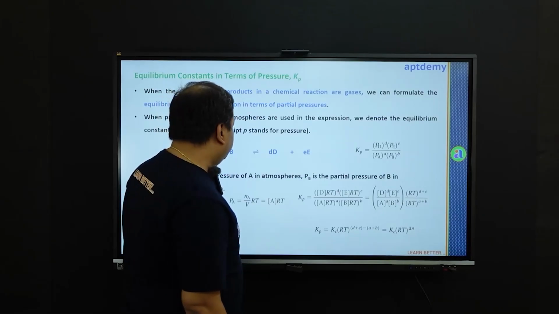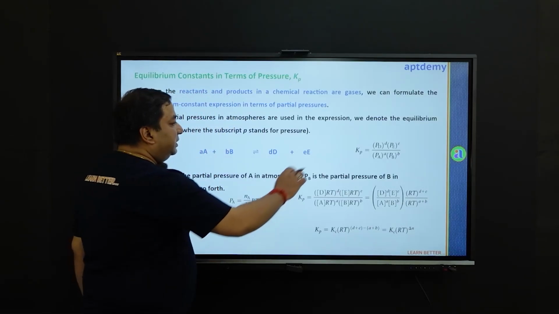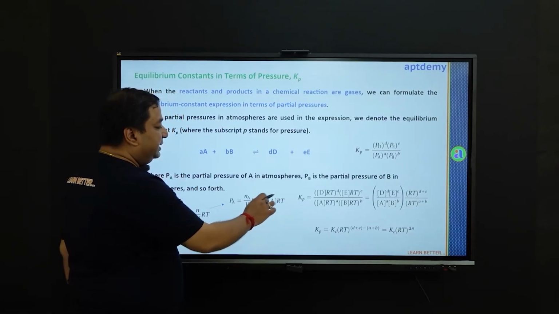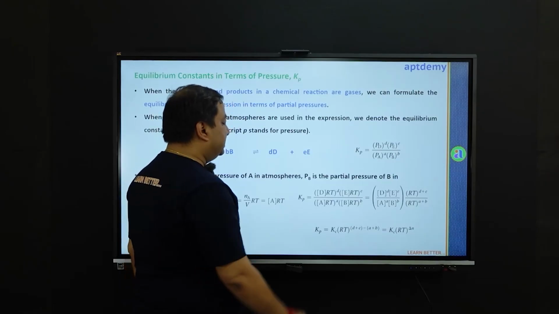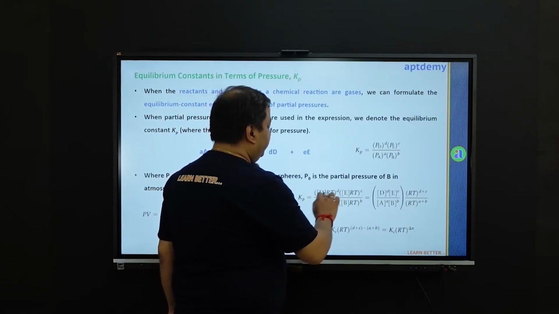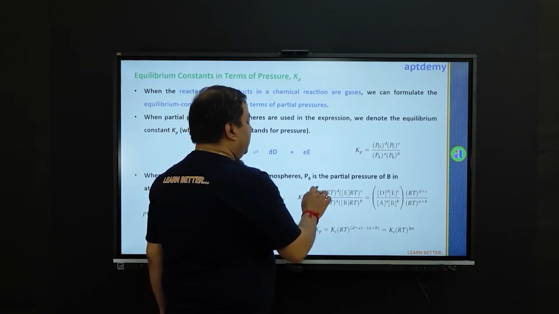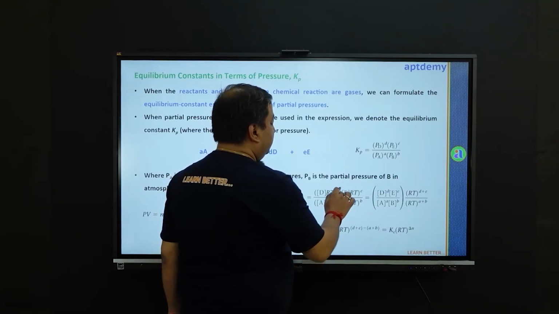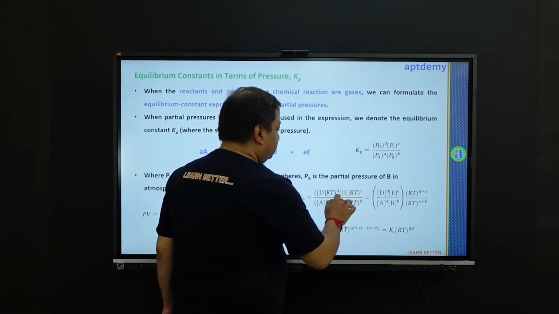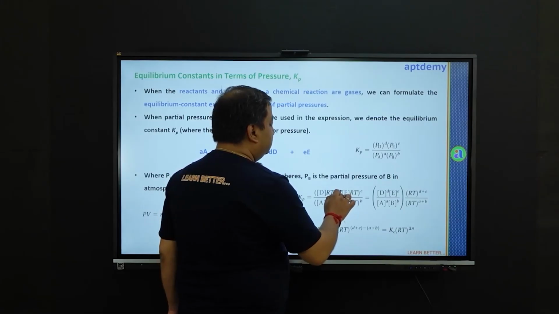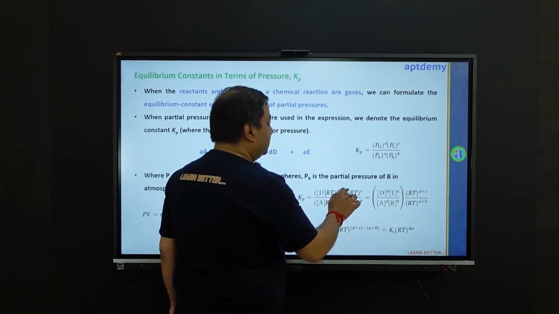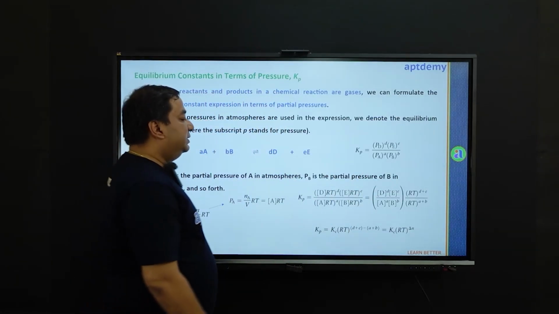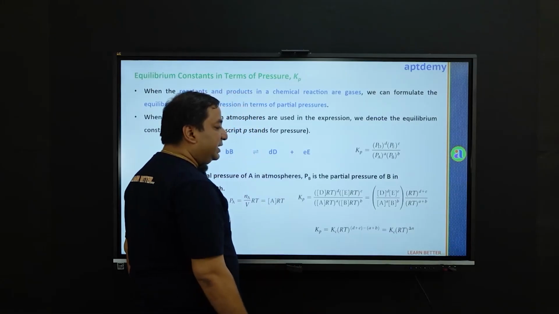So for all the partial pressures, we will now be writing them in this format, and as we do, we can see Kp now will be equal to, within parentheses, the concentration of D times RT, the whole thing raised to power d, and for the E gas we can write within parentheses the concentration of E times RT, and that whole thing raised to the power e, and the similar thing can be written for the reactants.